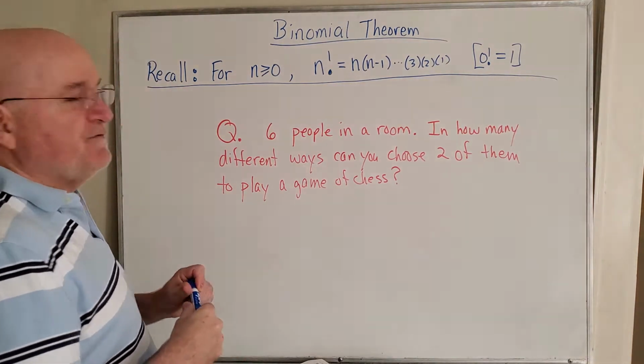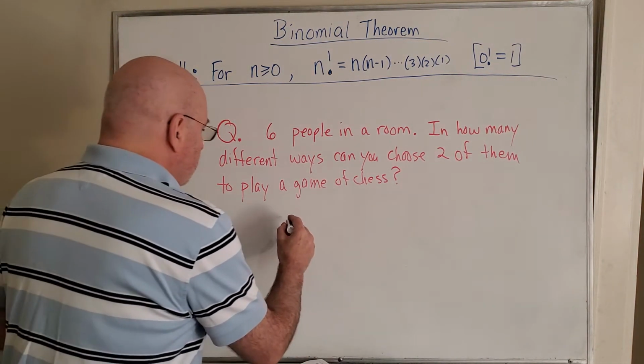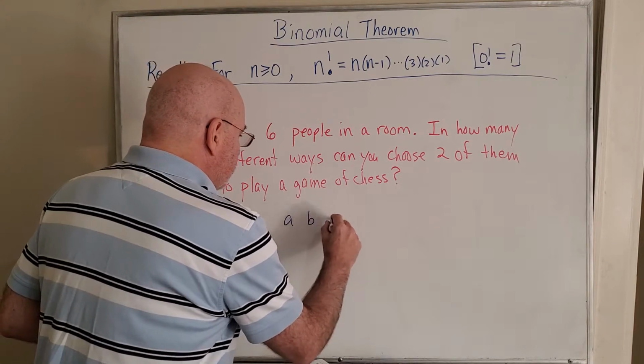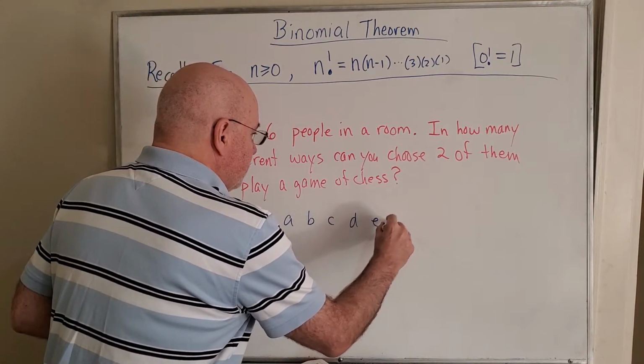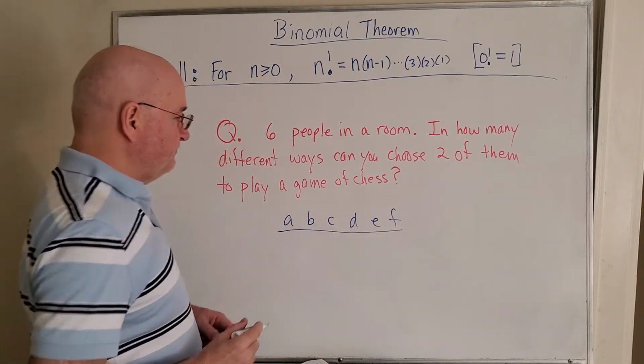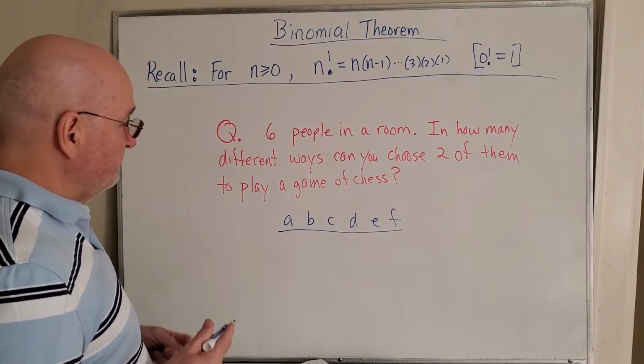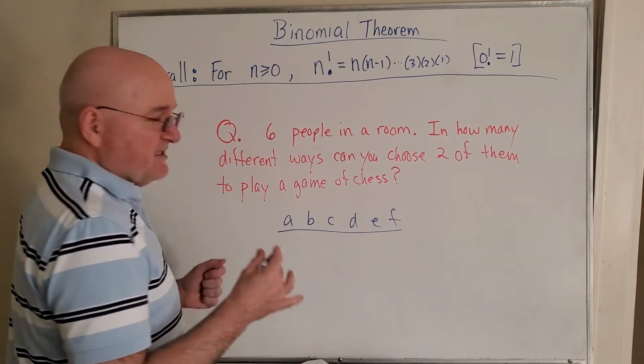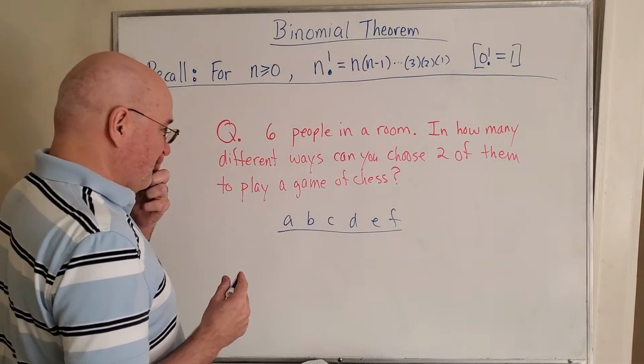So let's just figure it out the hard way. Let's say you've got A, B, C, D, E, and F. I could write them all out, because it's not too great of a number.